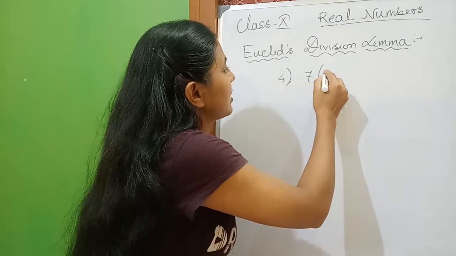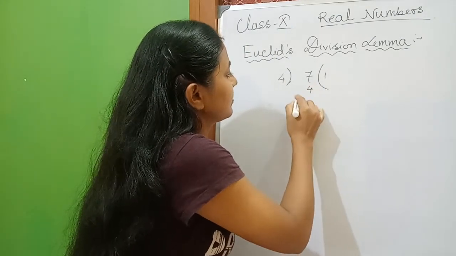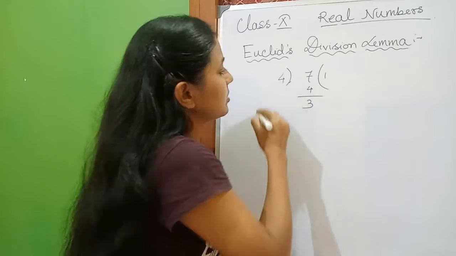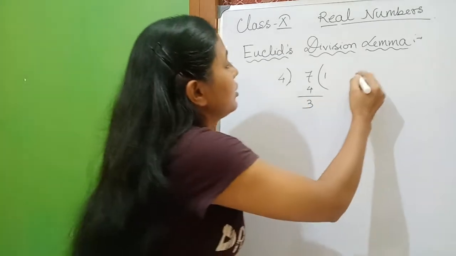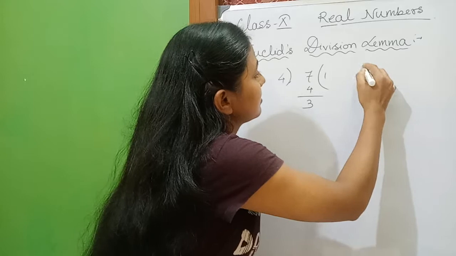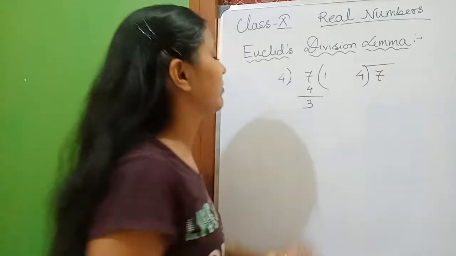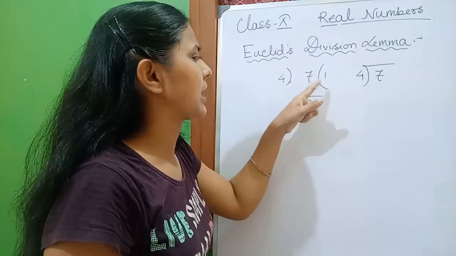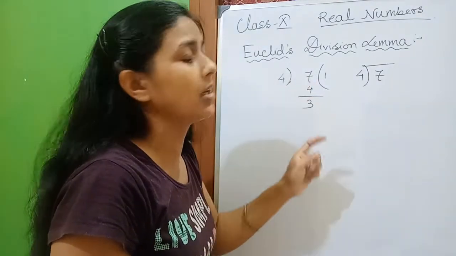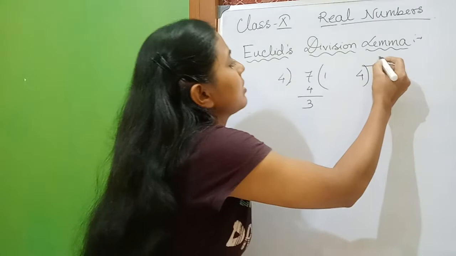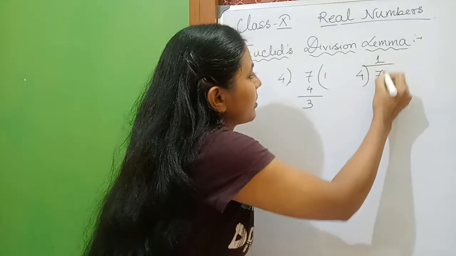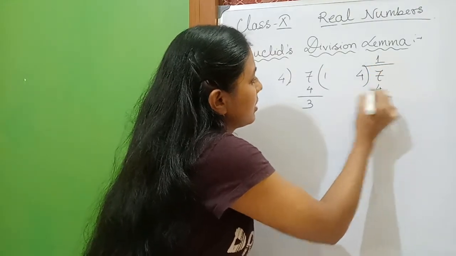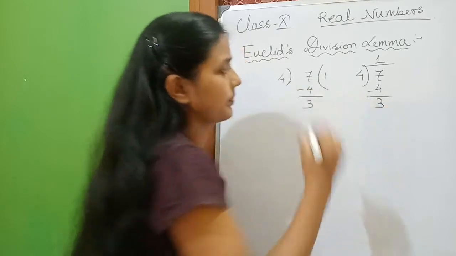4 ones are 4, remainder 3. You can do it like this. When we were young, we actually did it like this, but actually this is not okay. This is the actual process. 4 ones are 4, that means the remainder is 3.